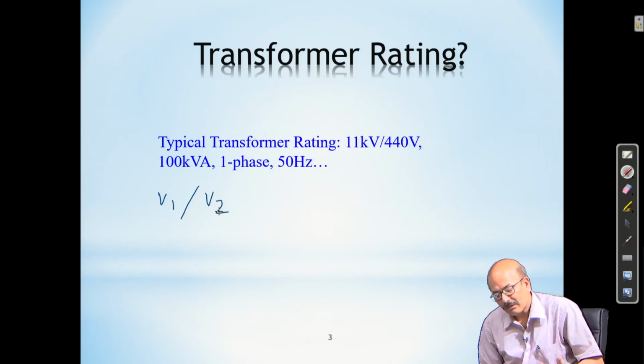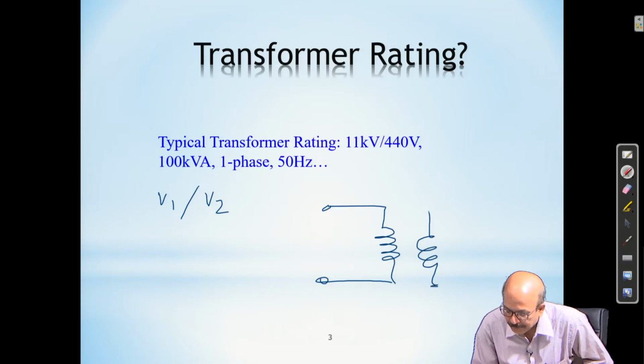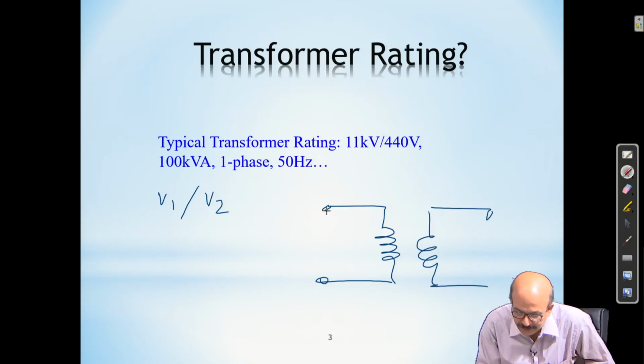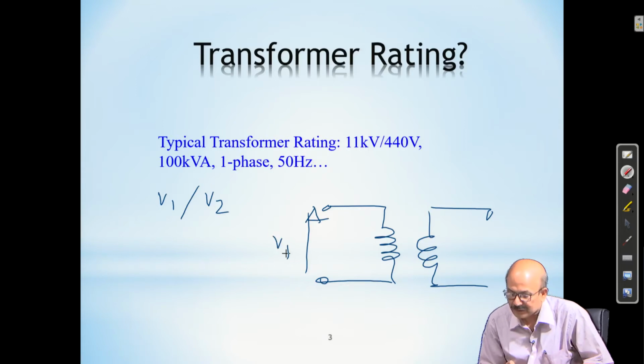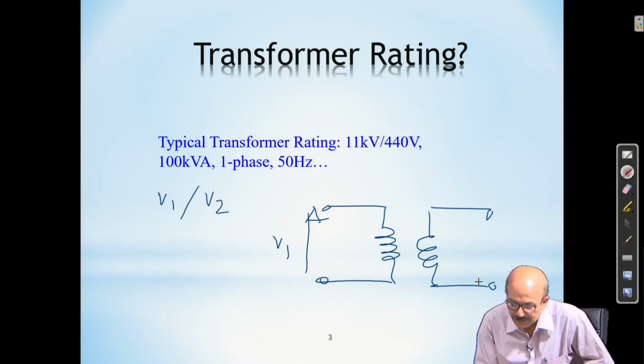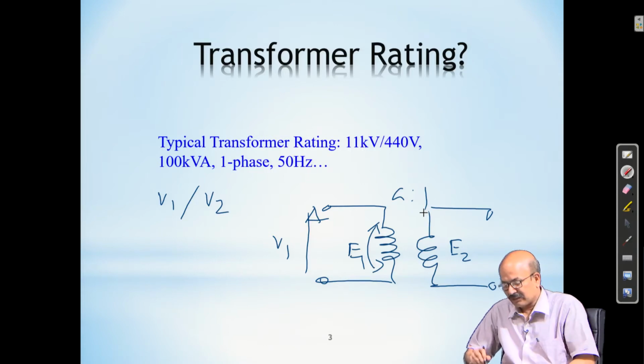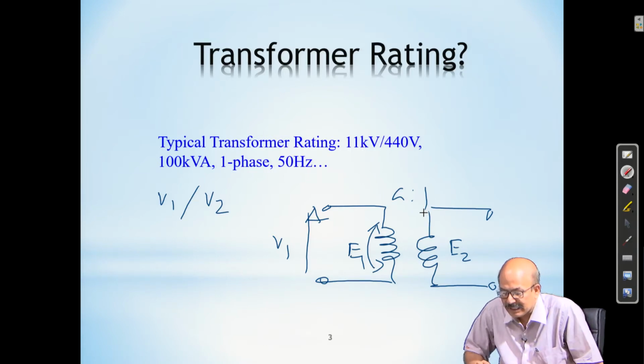You can think that these are the 2 coils. When V1 is applied here, when the transformer is at no load, V1 is approximately equal to E1, and E1 by E2 is A is to 1. That way E1 by E2 is A.